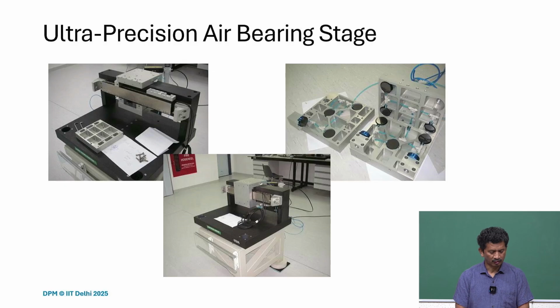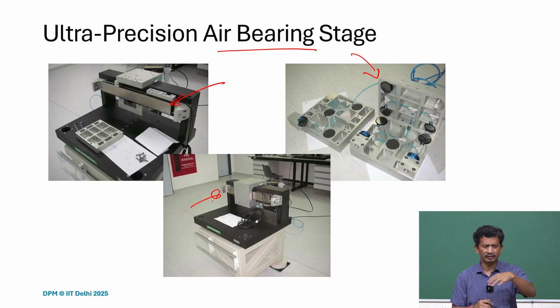So I have shown it when I was discussing the air bearing stage. So you can see that the linear motor is embedded in the design itself. But you also observe that we use air bearings, so air pads. So here the linear guide is supported on air bearings, and the drive, the actuation, is from the linear motor.